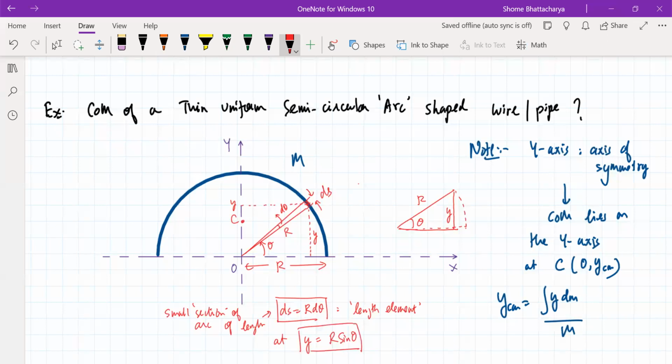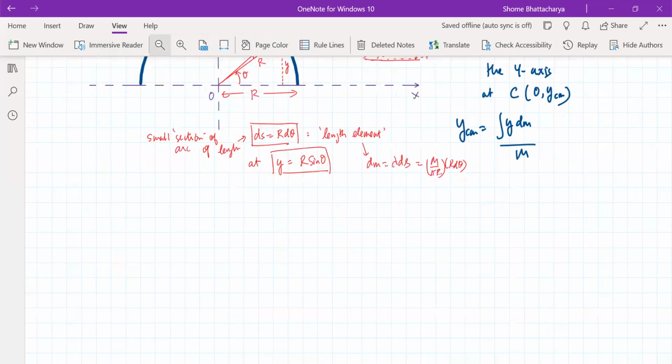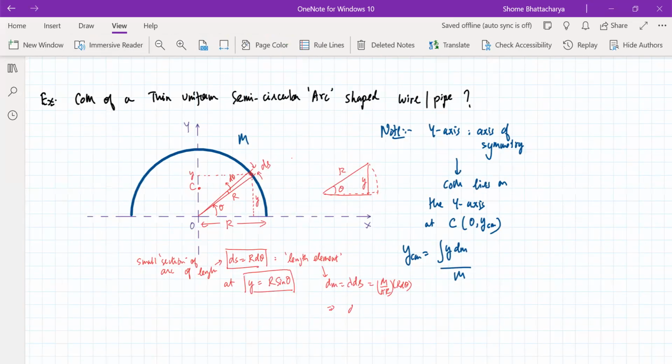This is what we will substitute here, and its mass is going to be lambda ds. So lambda will be what? M upon pi r, because the total mass is distributed over a total arc length of pi r, into this one's arc length, r d theta. So we can replace dm with m upon pi into d theta, cancelling that r. These are the substitutions that we'll do. This one and this one we'll substitute here and here.